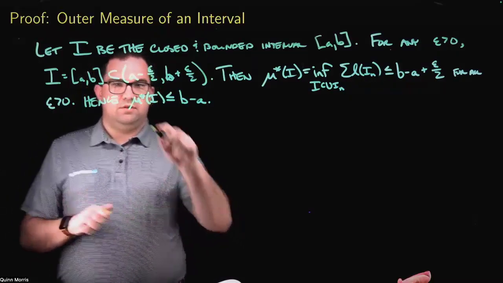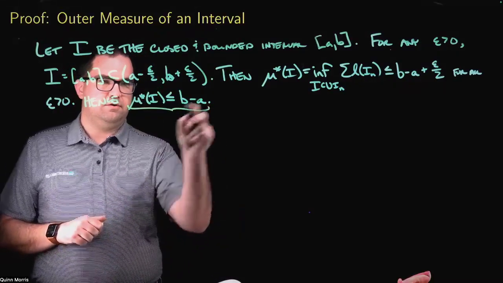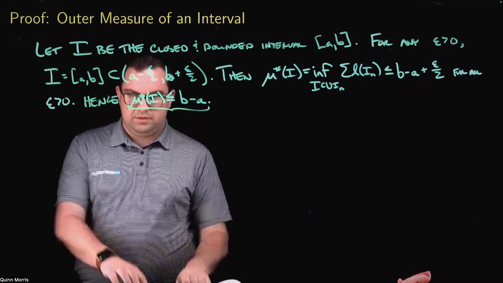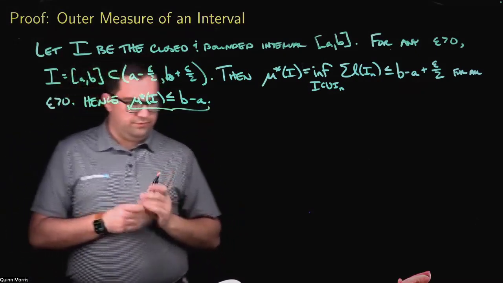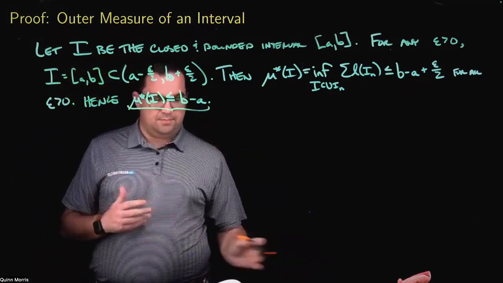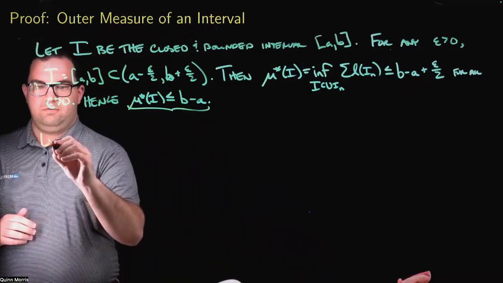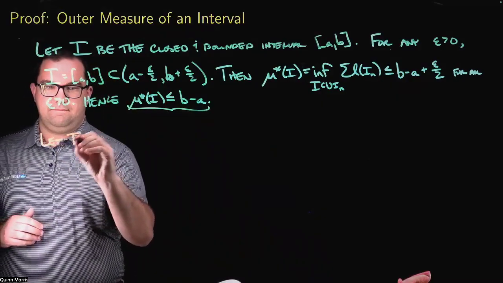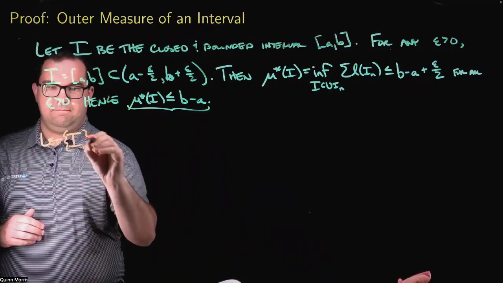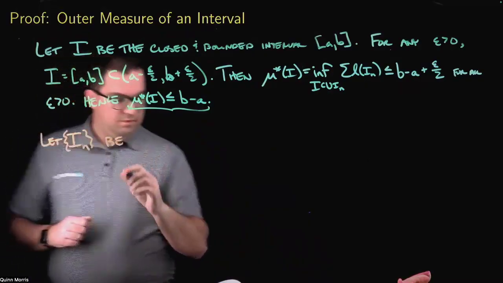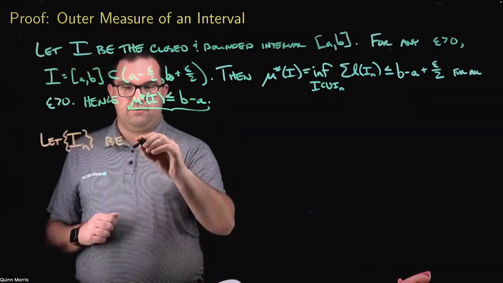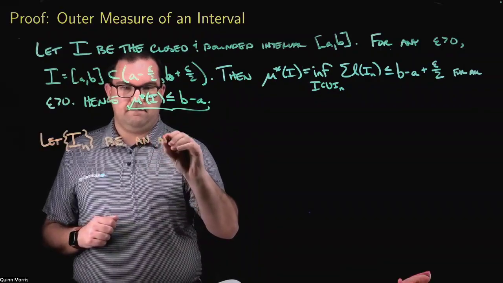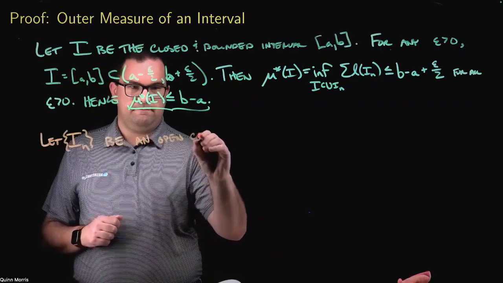So the punchline of this piece is this inequality. Now let me switch colors here because we want to prove the inequality in the opposite direction. So now let I_n be an open cover of I, any open cover.